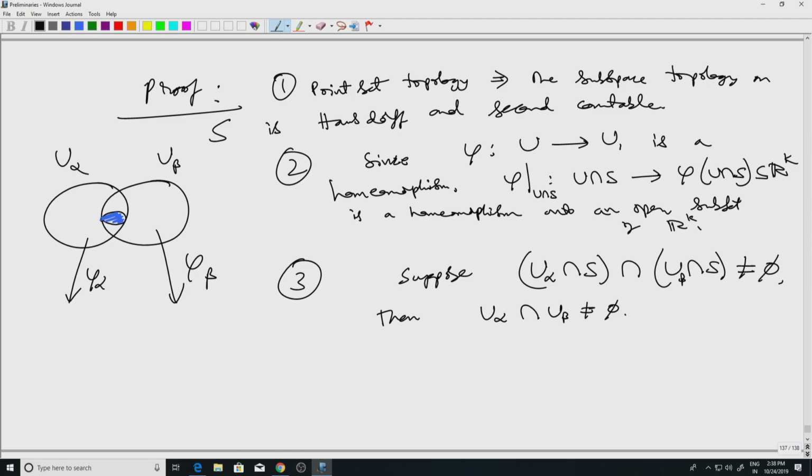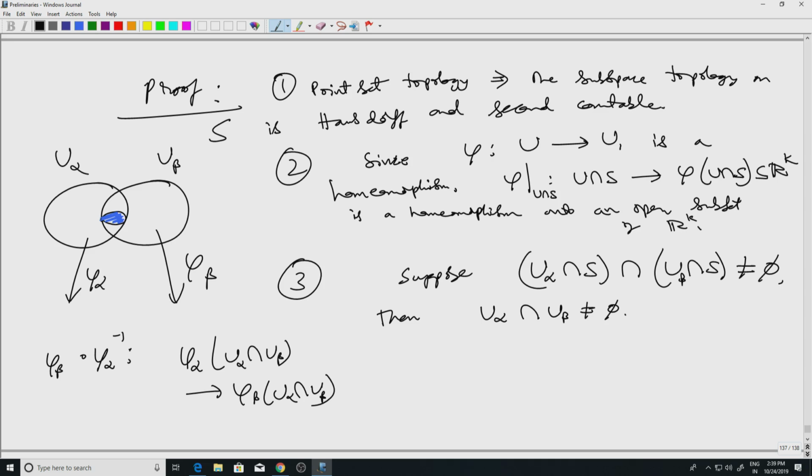Now we know that when I do phi alpha inverse and then phi beta, which is a map from phi alpha of U alpha intersection U beta to phi beta of U alpha intersection U beta, for the moment, if I forget about this blue portion, I know that this bigger chart transition function is smooth.